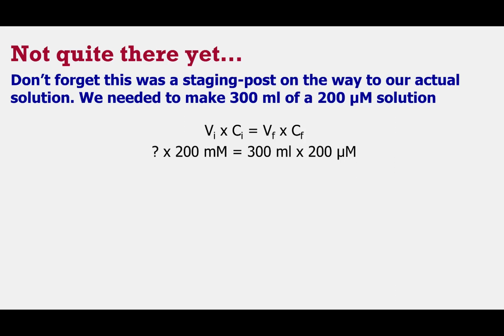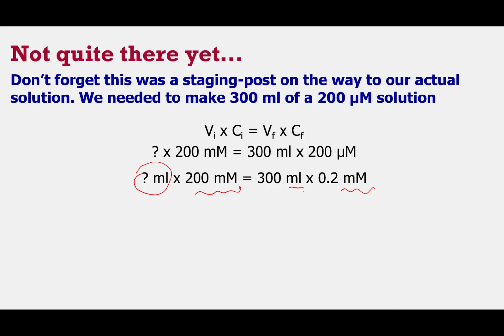Again, I'm noting to begin with that the units of concentration are different on the two sides at the moment. So to avoid falling into a trap of making a factor of 10 or a factor of 1,000 type error, I'm going to make sure they're the same. My unknown is in millilitres, because I've converted the final unit to be the same as the one on the left hand side.